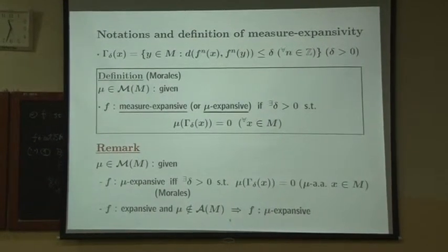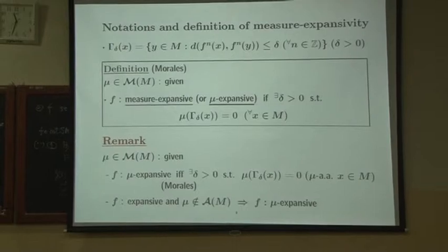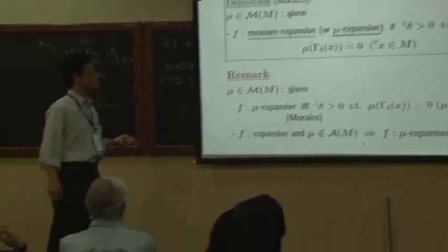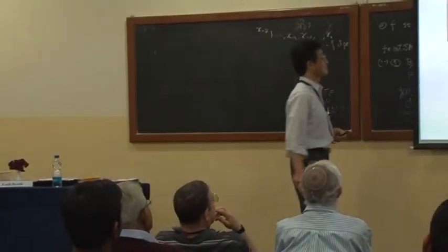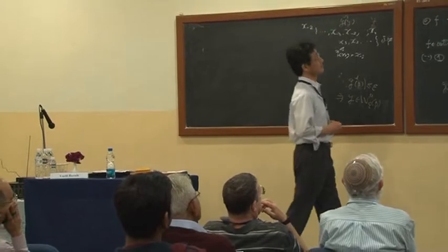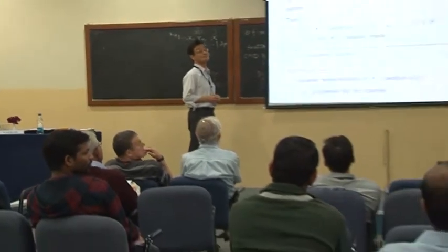For mu expansive, do you want the measure to be globally supported? Should every open set have positive measure? No. Basically, if mu is ergodic, it's quite easy for it to be expansive, no?